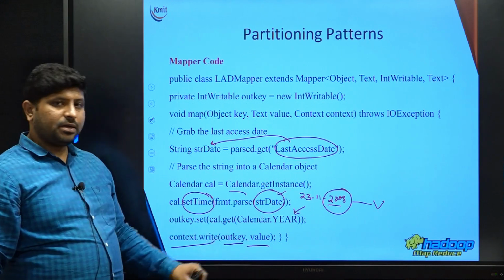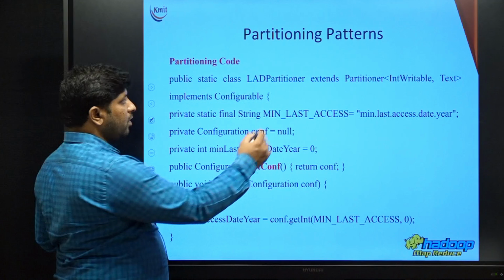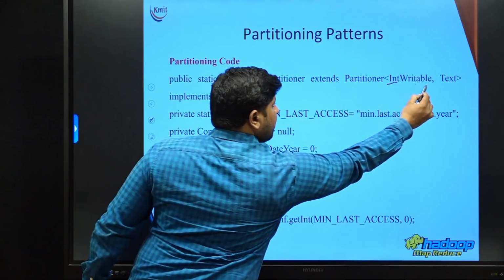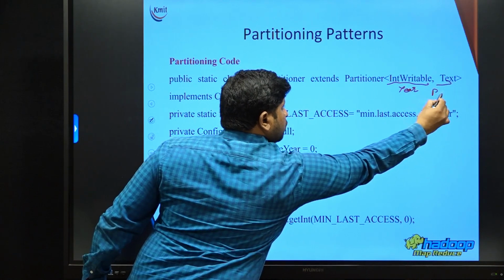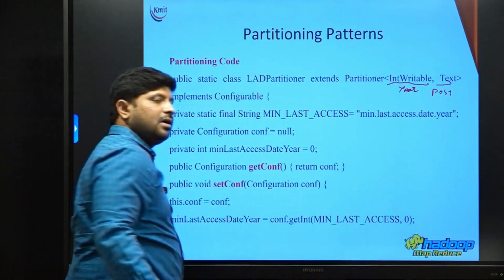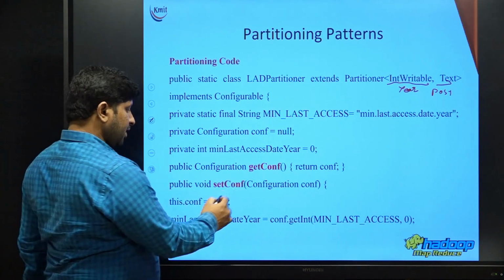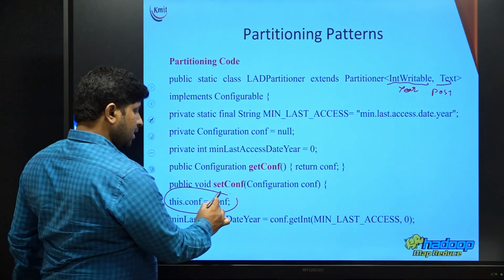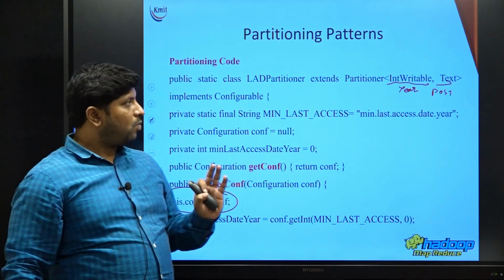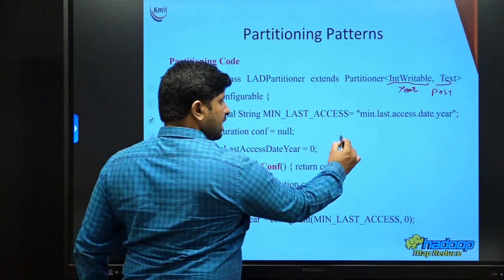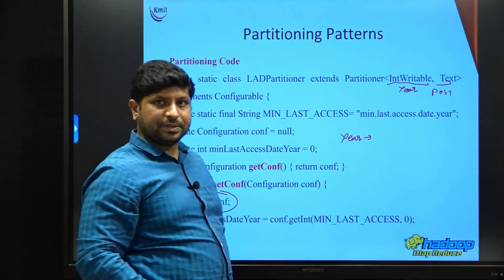These two parameters are going to be passed to the partitioner class, which will be the input for your partitioner class, such as IntWritable, that is your year, and the post which he has made, that is Text. And in the partitioner class, you are going to set the configuration for your reducer class, saying that this partitioner, based on the year, will create the partitions.